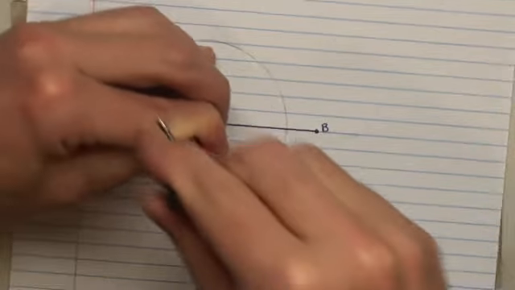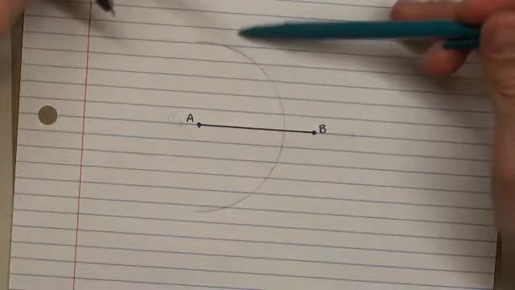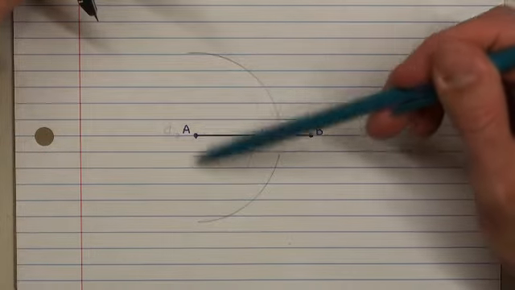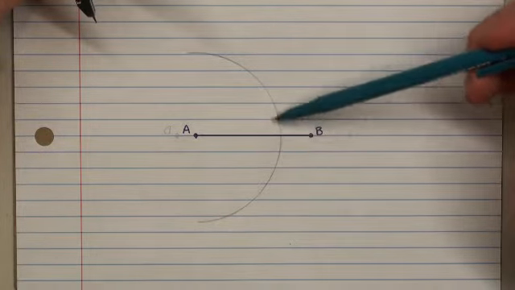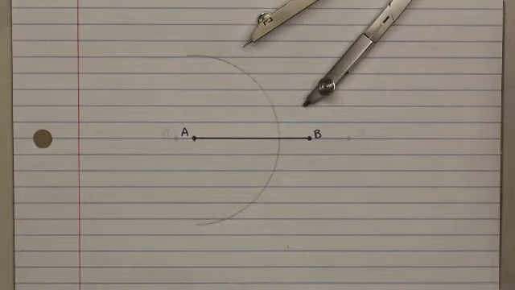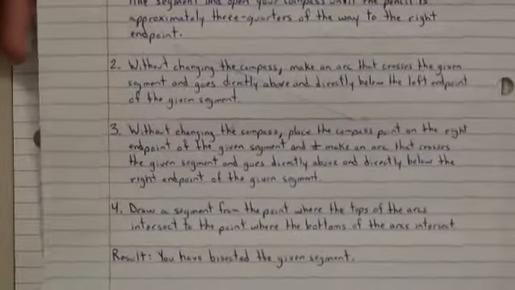Just like that. Okay? You see how the arc went directly above and directly below the left end point? And it crossed the segment. So I'm just going to leave that. Not going to change the compass at all. Let's go back. That was step 2.